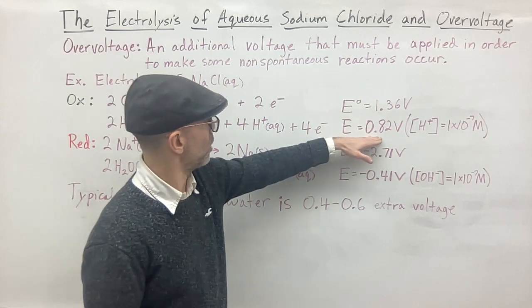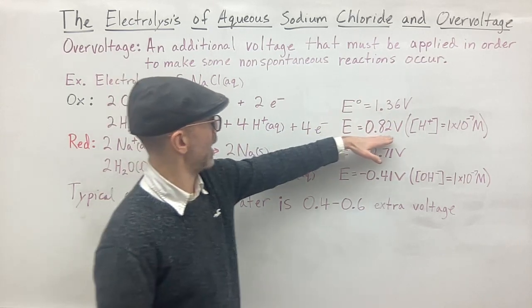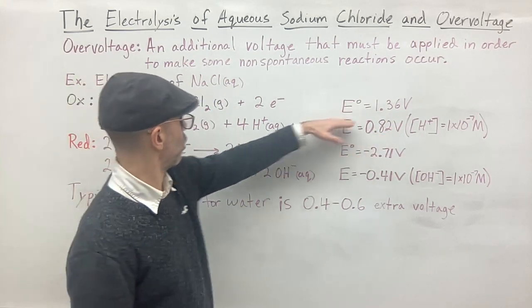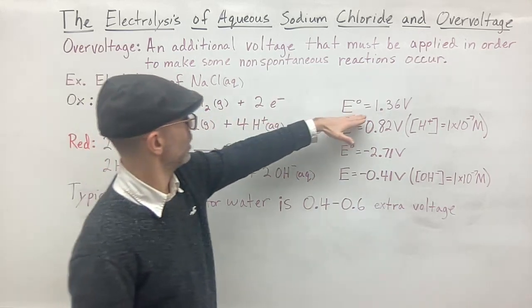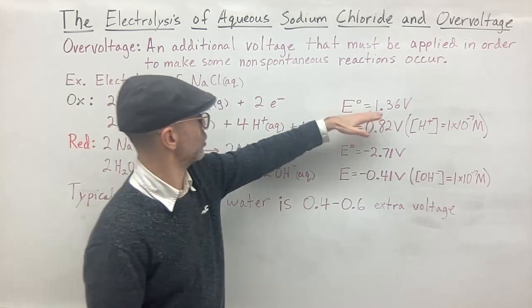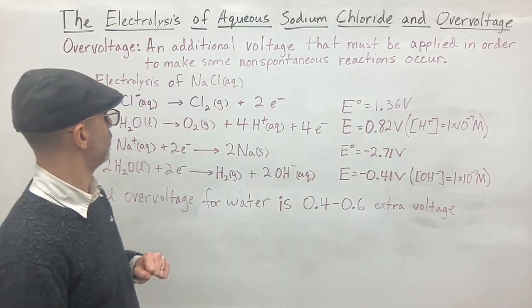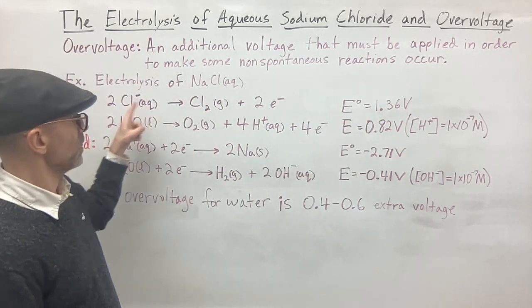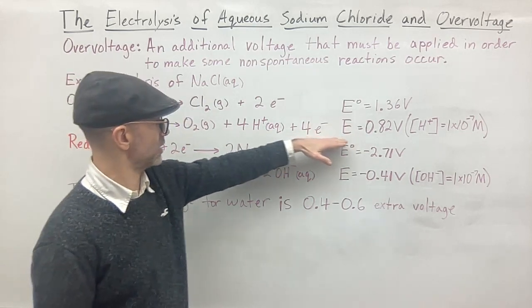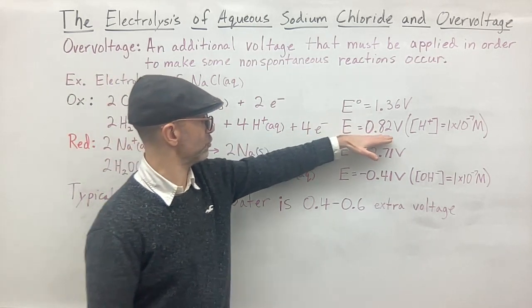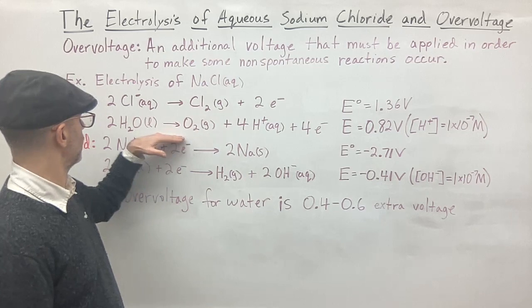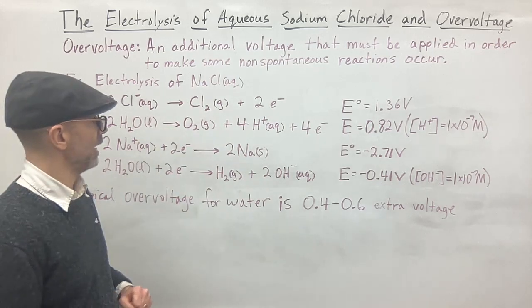So the electrode potential for the chlorine is more positive, and in this case, if it was just 1.22, water would be oxidized at the electrode.